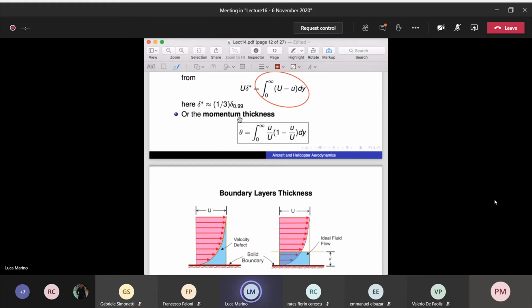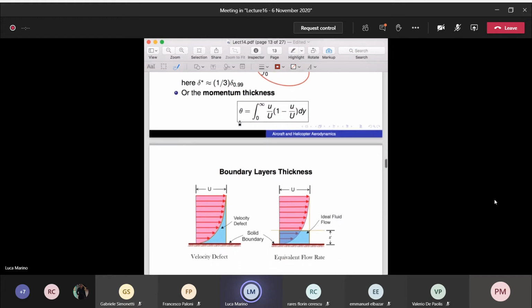So theta is the thickness that you have to consider to have the same value of not mass flow rate, but momentum flux. Remember that the momentum flux is a vector quantity. If we want to measure the flux of momentum along the x direction, you will have to obtain the mass flow rate times the velocity in the x direction, okay? And so you have this definition, okay?